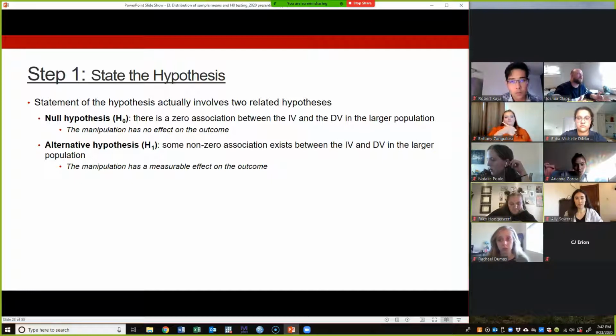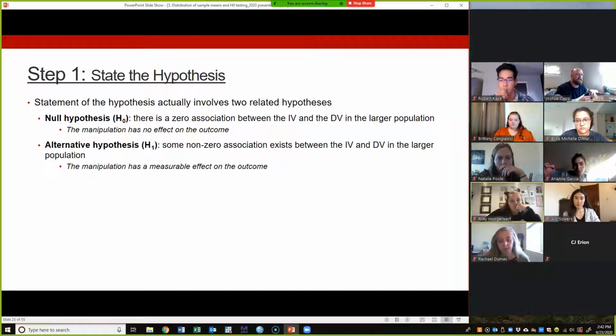But what we're trying to do is make a determination: is any difference that we're seeing across my two samples big enough to start to assume that there's an association under the assumption of the null hypothesis? So null hypothesis, alternative hypothesis, both always about the population. Null hypothesis says there's no impact, there's nothing going on.